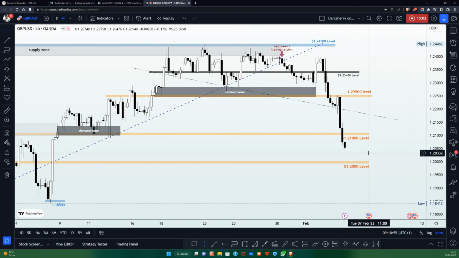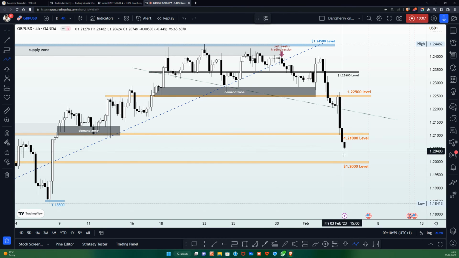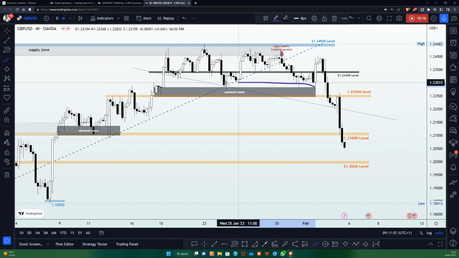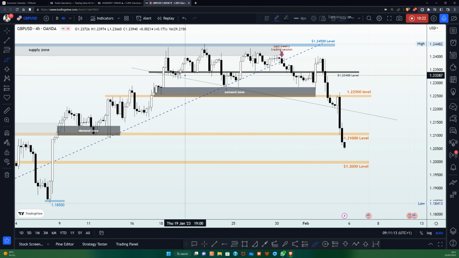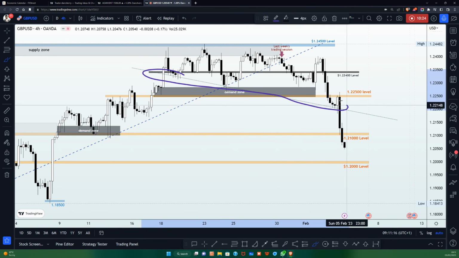However, we should not ignore the possibility of a counter trend opportunity happening from this area. As you know, we have a structure somewhere right around the 1.22500 level, which has been a strong demand zone here in the last couple of weeks before that breakdown happened last week. And we also have a trend line here to further emphasize this.